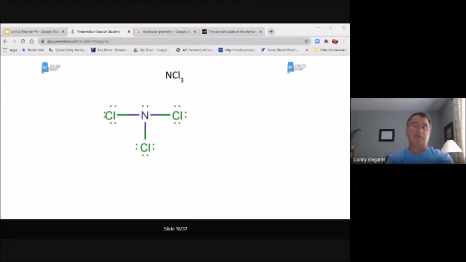And if you notice, there's no need for a double or triple bond because that nitrogen has 8 electrons. It has 3 bonds, each with 2 is 6. Plus 2 more makes a total of 8. So that's 8 electrons, and that's good right the way it is. It doesn't need any change.